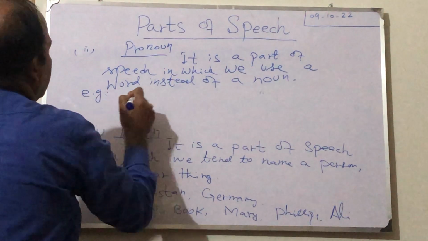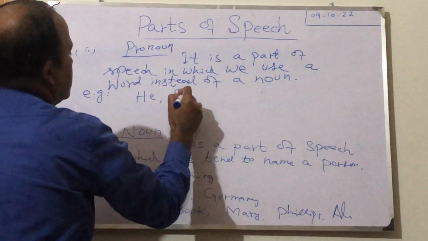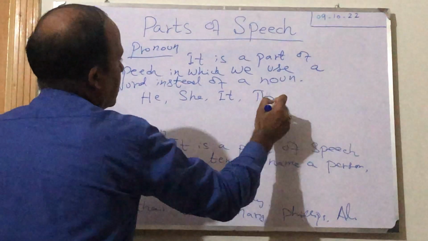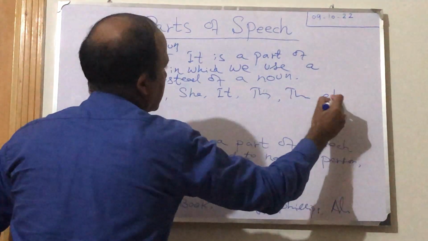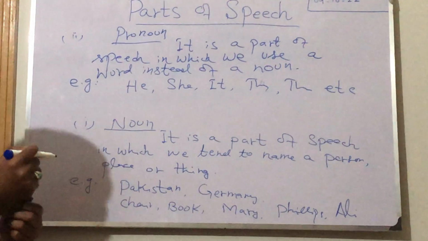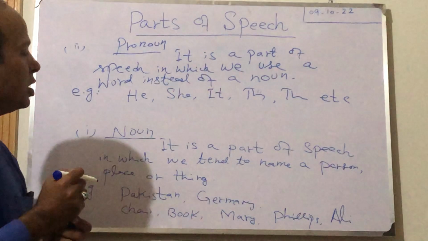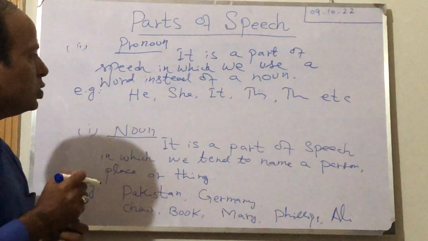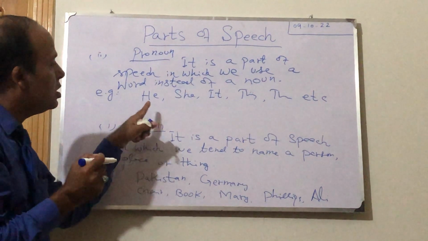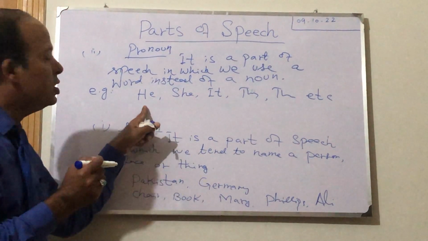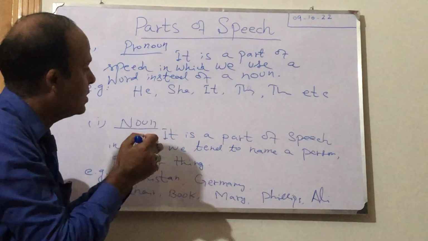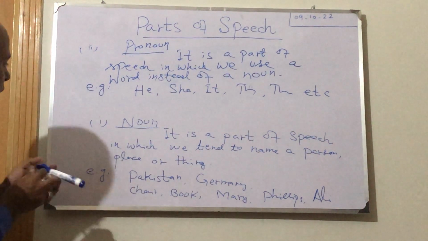Examples are like he, she, it, they, them, etc. Just like when I say that Ali is a boy and he is a very intelligent student, so Ali happens to be a noun, and when I say he is a very intelligent student, so he is a pronoun. Similarly, we can make sentences of other pronouns as well.